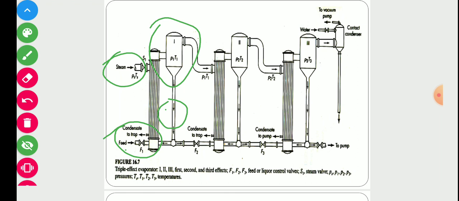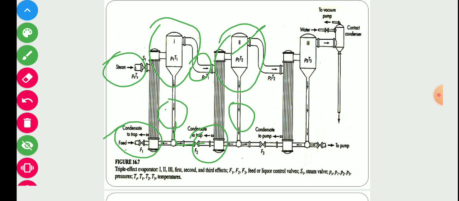The vapor released by the first unit is used as the heating source in the second unit, and the concentrated solution from the first unit is the feed to the second unit. So again this solution releases vapor, and this vapor is separated in this separator, and at the bottom we get concentrated solution, and at the top we get vapor.